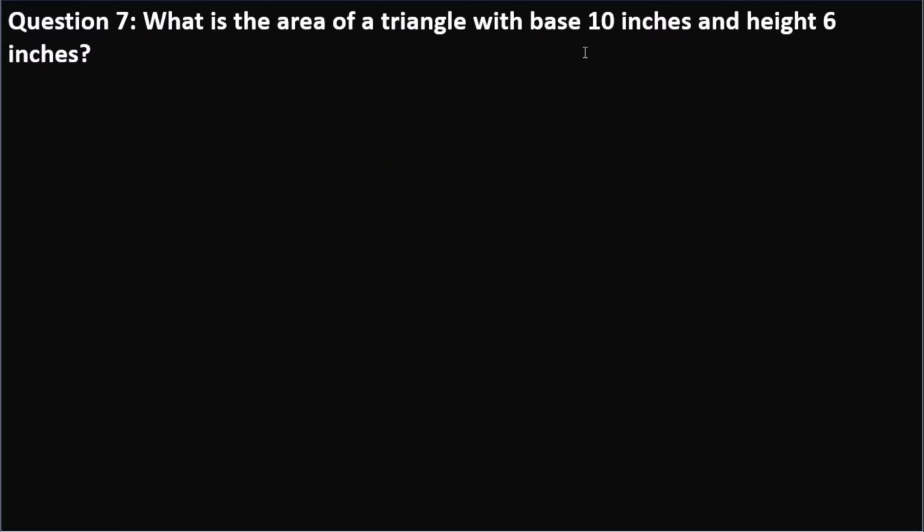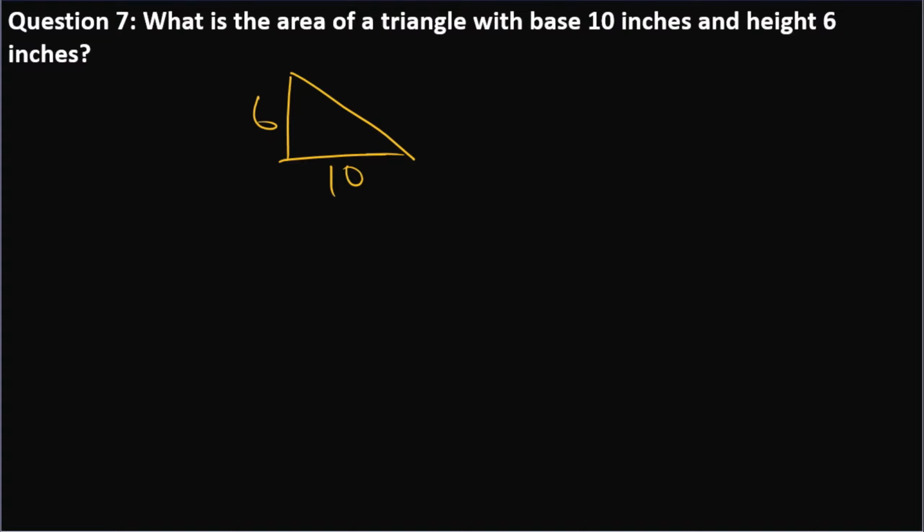So now, what is the area of a triangle with the base 10 inches and height 6 inches? Okay, so when you are going to find out the area, here the base is 10 inches and height is 6 inches.